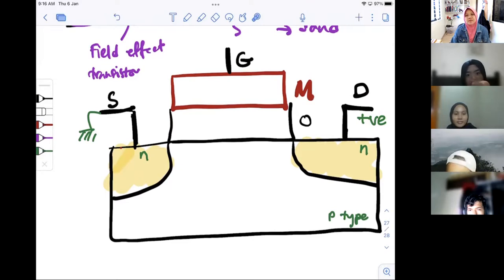Sarah? Not sure, madam. Yes. Why? How? Because there is a flow of electrons from N to P, P to N. I'm not sure. Now think about it. Which P to N?